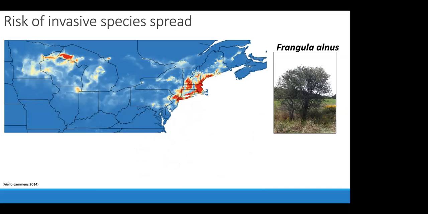And Matt used species distribution models combined with demographic models to predict the historical spread of this tree in the US. So he was able to take time steps and account for population growth and dispersal in predictions of how this invasive species moved across the US. And because he was looking at historical spread, he could validate that with data and found that it worked quite well.